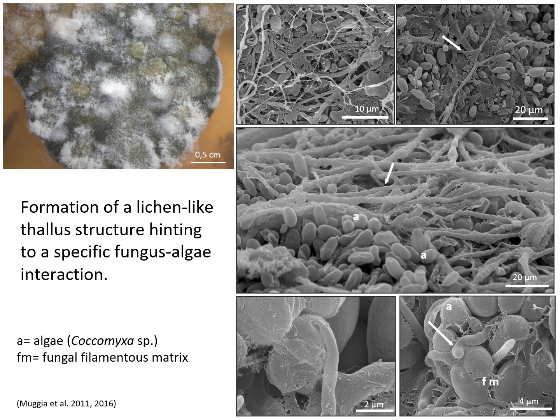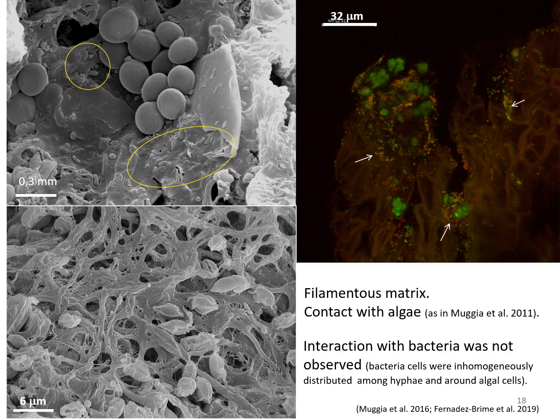And this happens mainly when the fungus grows together with the algal genus Coccomyxa, which is the alga that was isolated from environmental samples on bark. Definitely in this fungal-algal association of Schizoxylon albescens and Coccomyxa, there are actually third players that are bacteria.